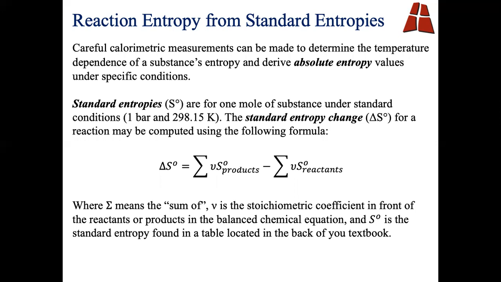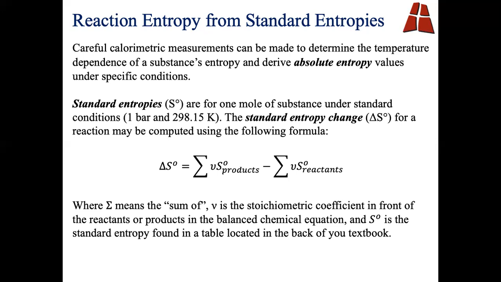Okay? And within this, the standard entropy change, so delta S naught, we could call it, is a value that can be computed for any sort of chemical reaction. And so you would use this equation where the standard entropy change is just the sum of all of the entropies of the products subtracted from the sum of all the standard entropies of the reactants. And so nu here, or this V term, is the stoichiometric coefficient.